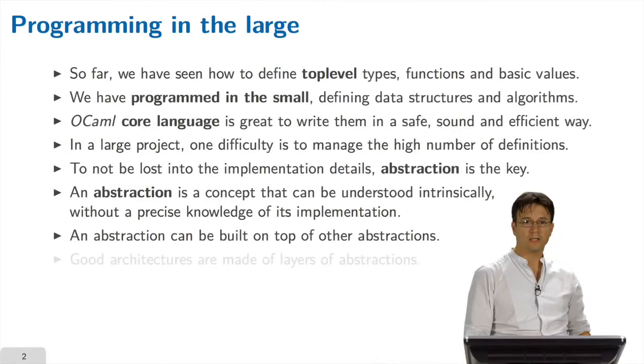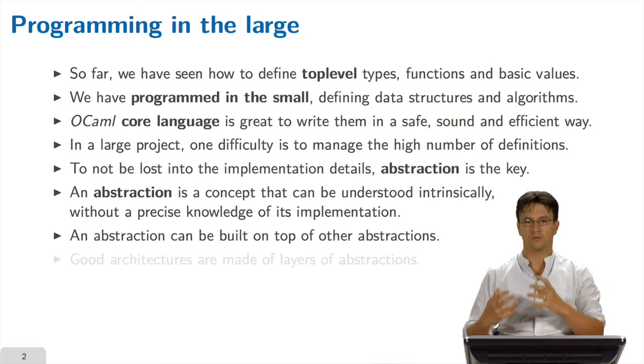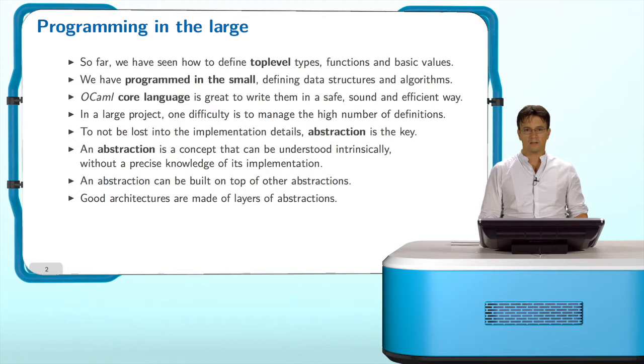An abstraction can be built on top of other abstractions so that the system is built using some vocabulary that clearly describes the answer to some problems at some level of abstraction. In fact, when you design software, good architectures are made of layers of abstractions.